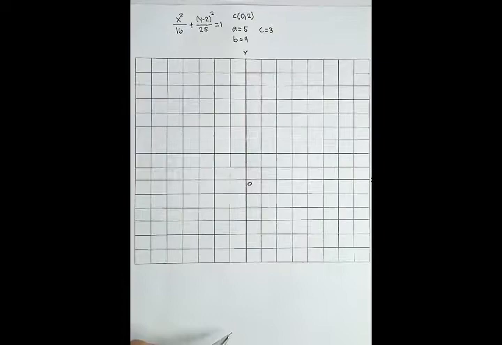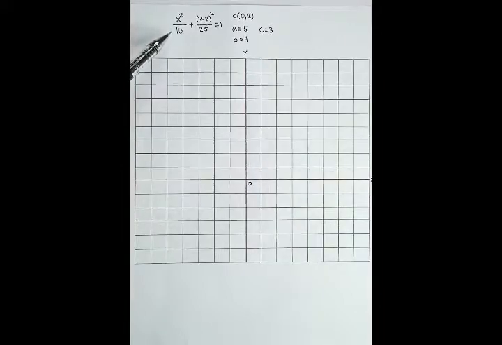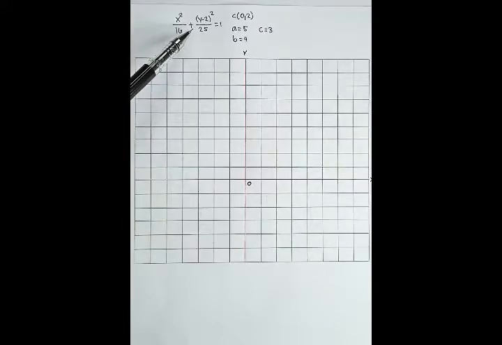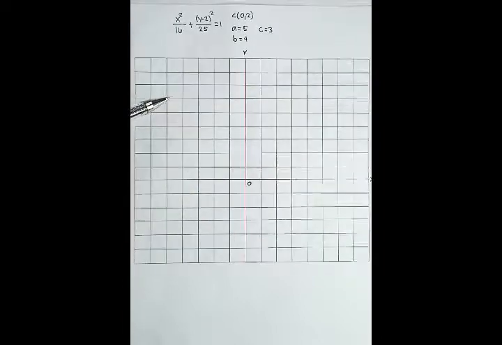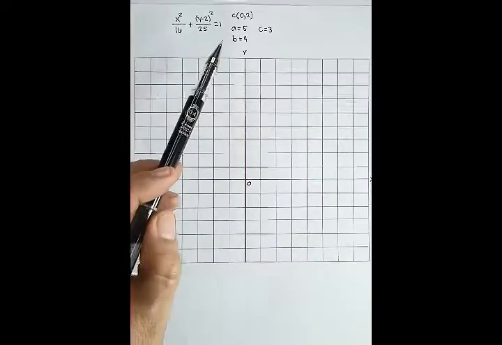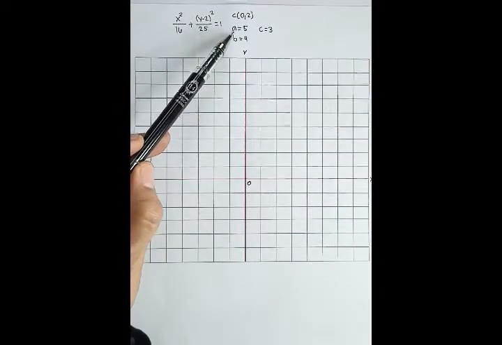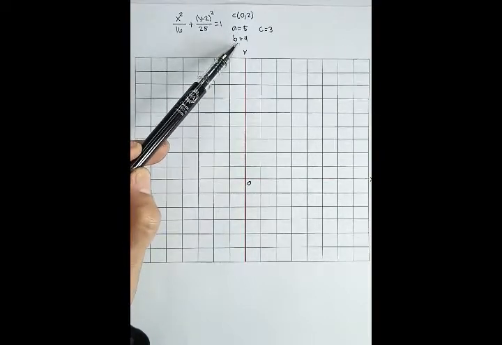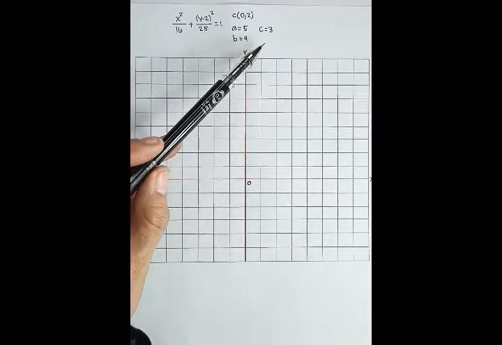Okay. So now let's plot our ellipse: x squared over 16 plus y minus 2 squared over 25 equals 1. In our solution earlier, we saw that our center is at 0, 2, a equals 5, b equals 4, then c equals 3.